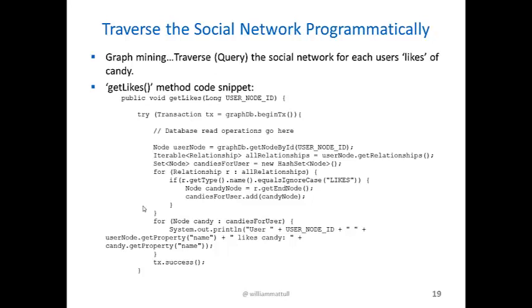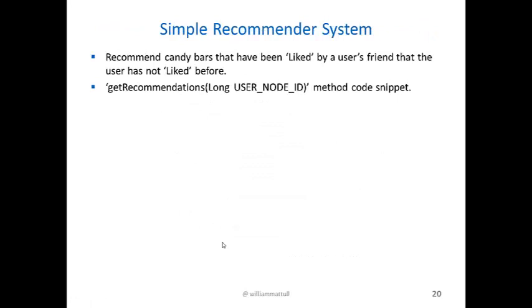And so what we will do is we will iterate through an object where we get all of the relationships for each user, and then we iterate through the object to find the ones where they equal the type like, and then we output those in this particular for loop and show which candy each user likes.